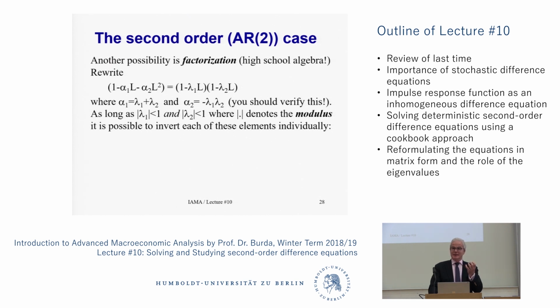Okay, and that's the magic. Solving for lambda 1 and lambda 2 is your ticket to understanding how this system works. Those are called the characteristic roots. And it turns out that they don't have to be real. They can be complex conjugate. They can have imaginary parts. And if they do, that sounds like a nightmare, but it doesn't mean that the economics that we're doing is imaginary.